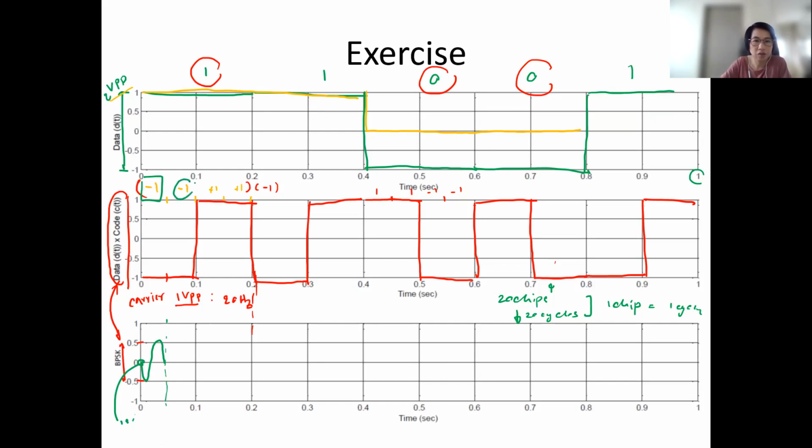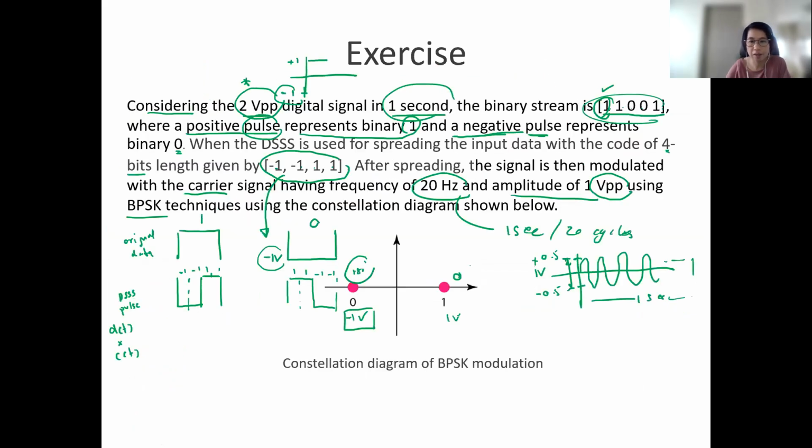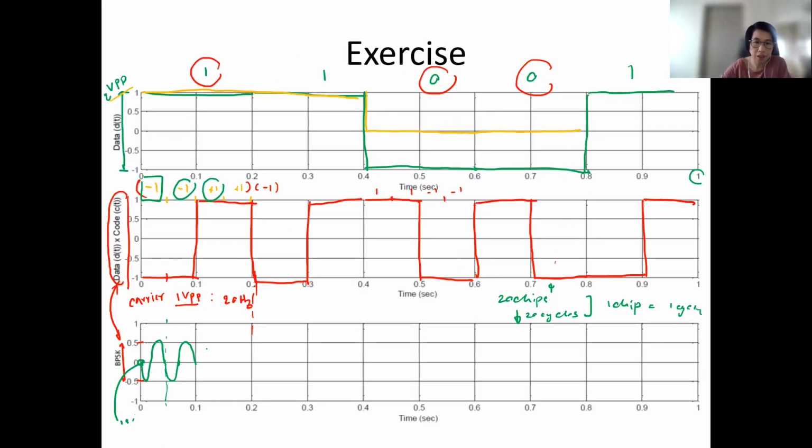And then the next chip is -1. So the phase is still here, which is 180 degrees also. And the next chip will be 1. So if you take a look at the constellation here, 1 volt represents the phase of 0 degrees.